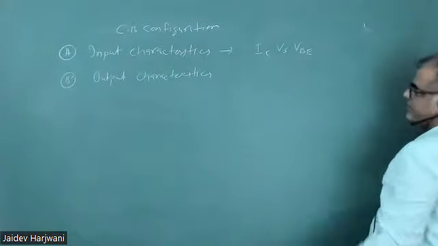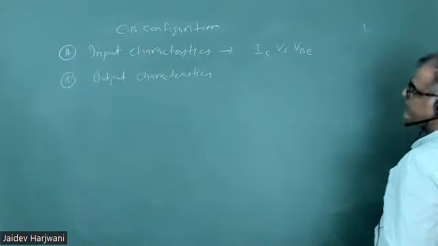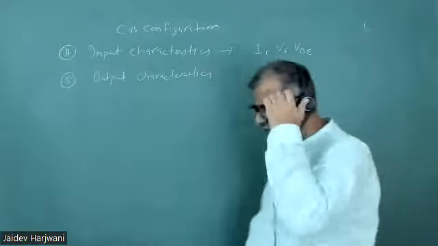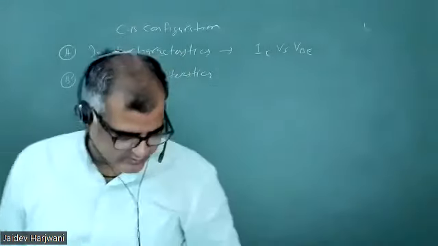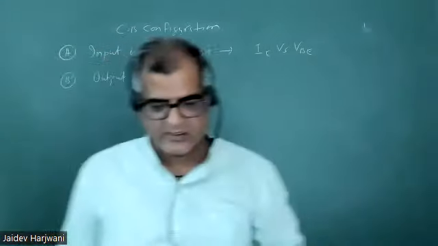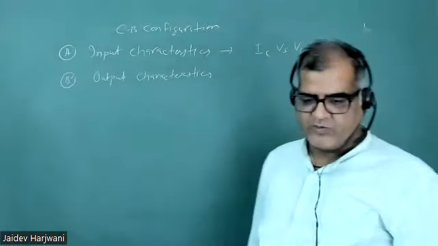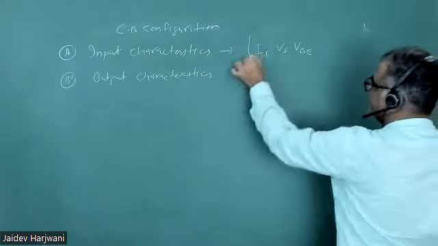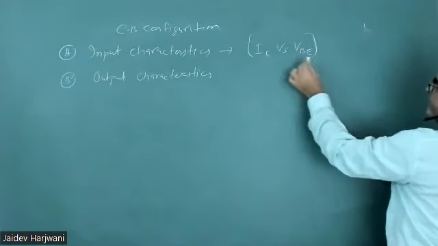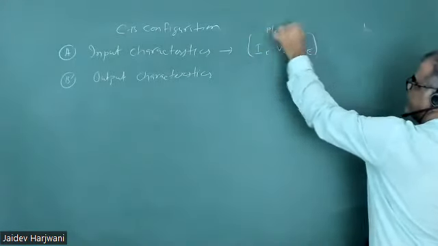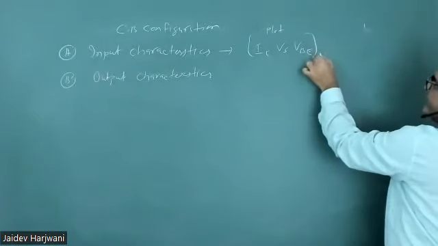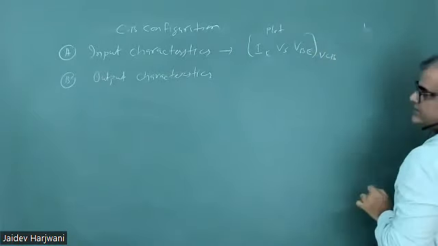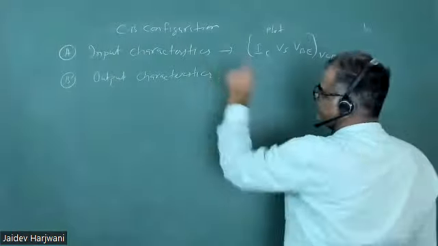You write VB, it's the same thing. Keeping the output voltage constant. What is the output voltage in common base? VCB. So the plot between IE versus VB, keeping VCB constant, is called your input characteristics.